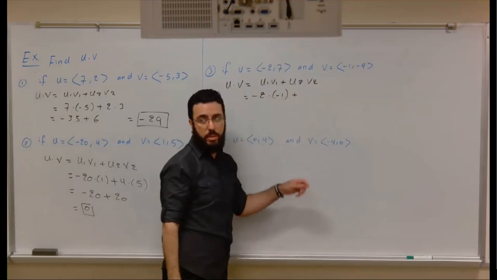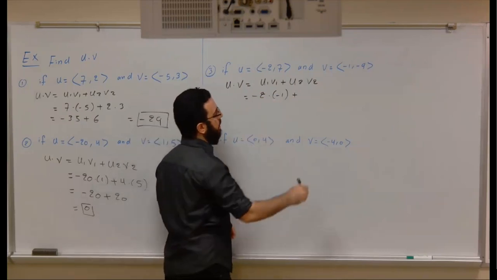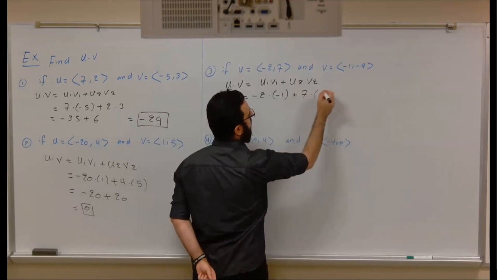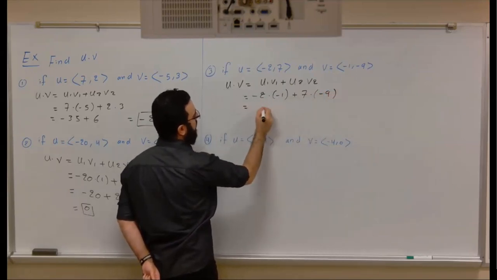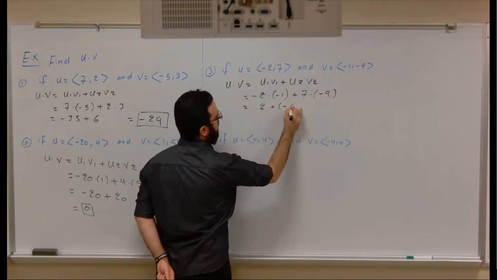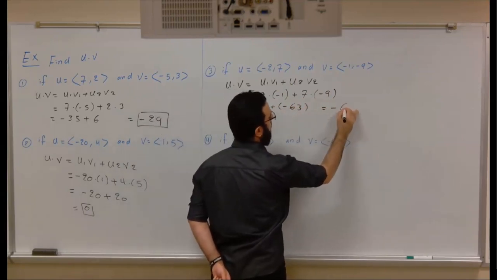You see what I'm doing? -2, -1. Plus U2 is 7, V2 is -9. That means it's going to be +2 plus -63. So the result is going to be -61.